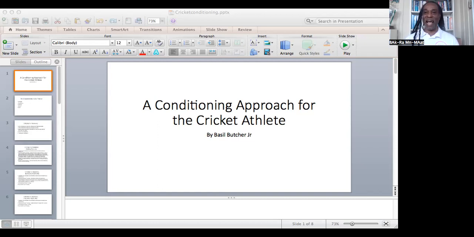Reflexive stability is the stability, the estimates are around 90% of stability when you move or do anything, comes reflexively, where you're not even thinking about it. And that's reflexive stability that you're training to upregulate. Then you have explosive isometrics.